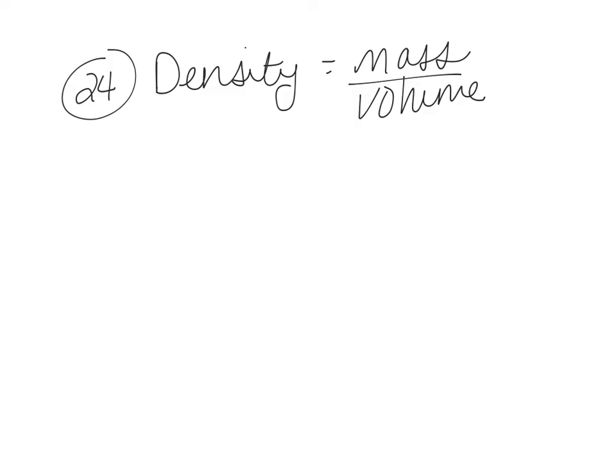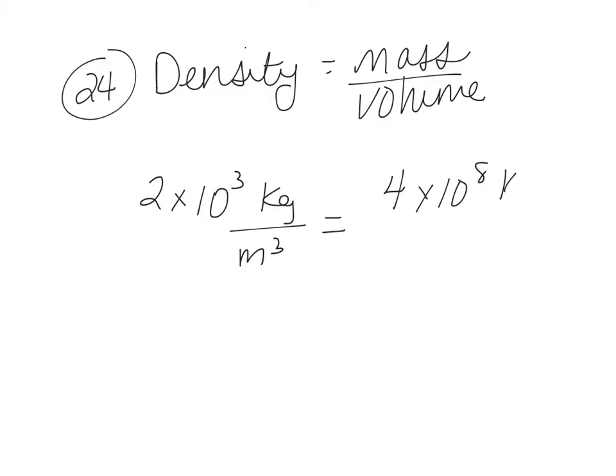And so it gives us our density. It says that the density is 2 times 10 to the 3rd kilograms per meters cubed. And we have our mass as 4 times 10 to the 8th kilograms. We want to solve for V, for volume.